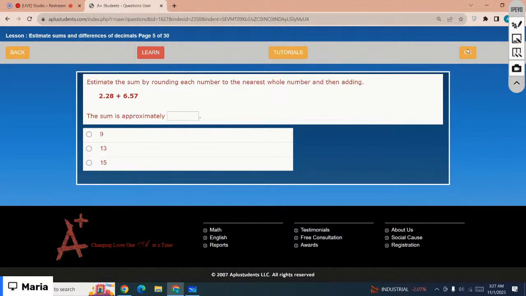And then 6.57 is rounded to 7. So 7 plus 2 is 9. The correct option is 9. Very good.